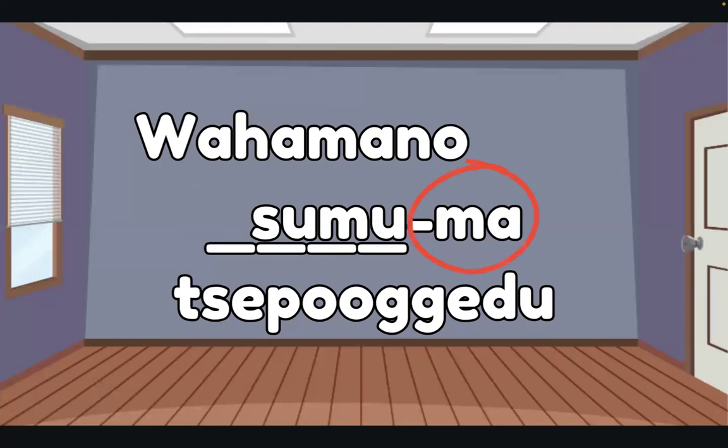That suffix ma can have the sense of on. It can have different senses depending on context, but here it has a sense of on. So again, you're adding the number 1 on to 20. That's what ma signifies here.